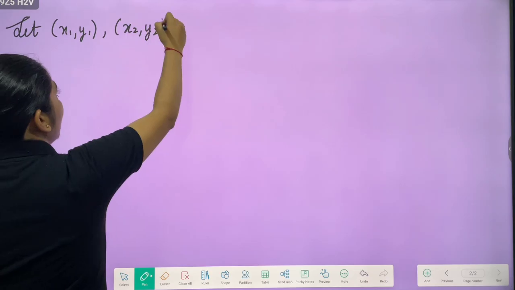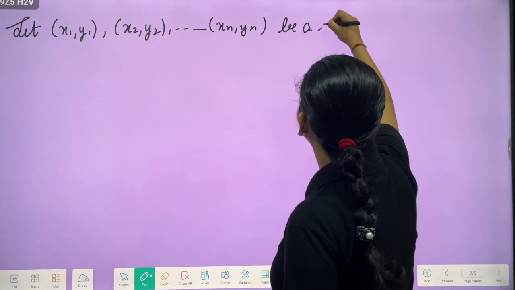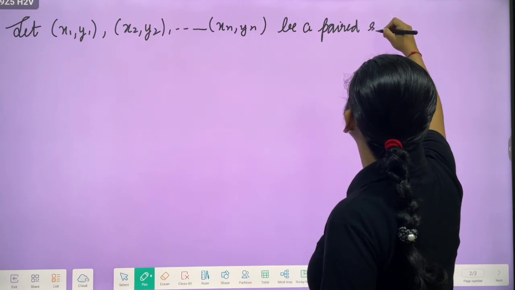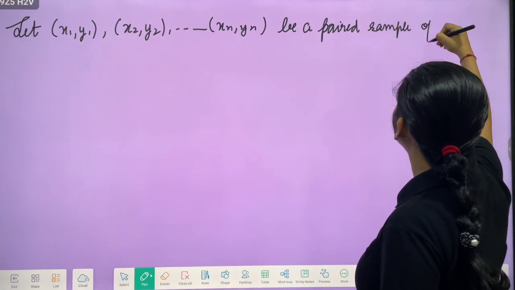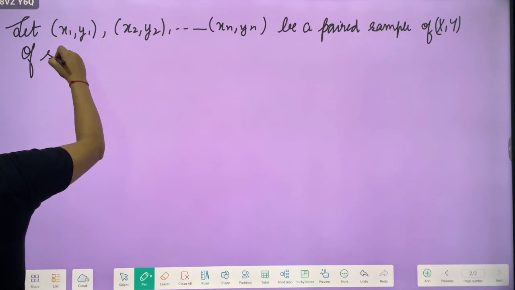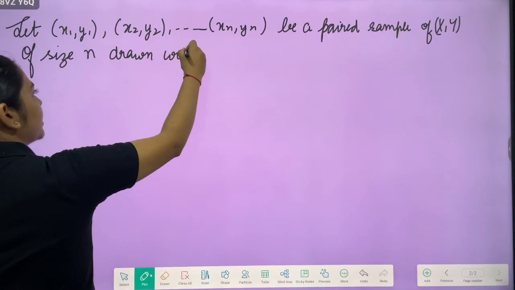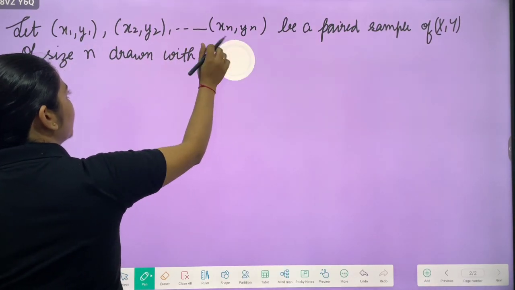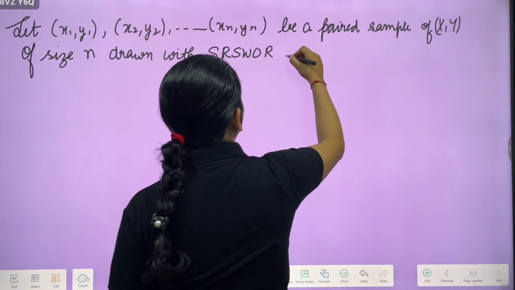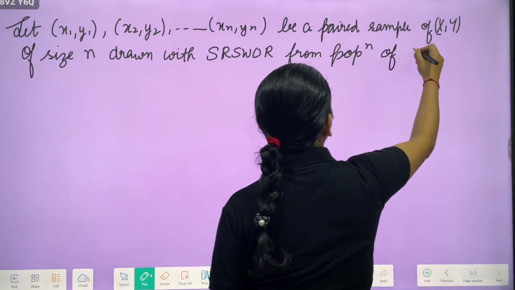So x2, y2 up till xn, yn be a paired sample of x comma y of size n, drawn with simple random sampling without replacement, SRSWOR, from a population of size capital N.